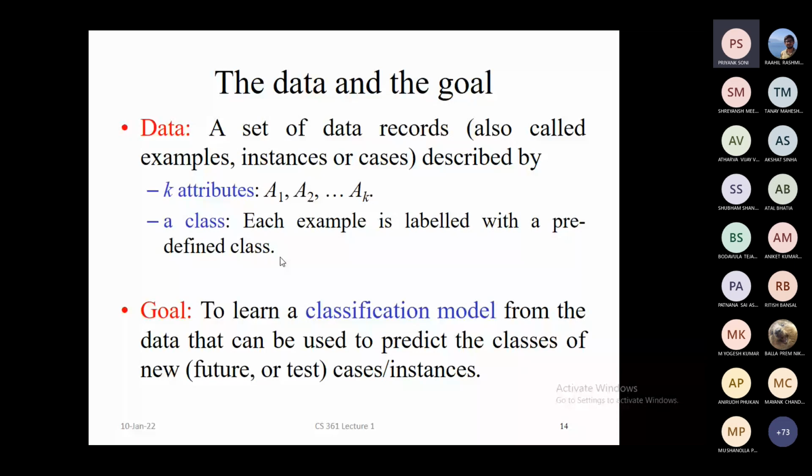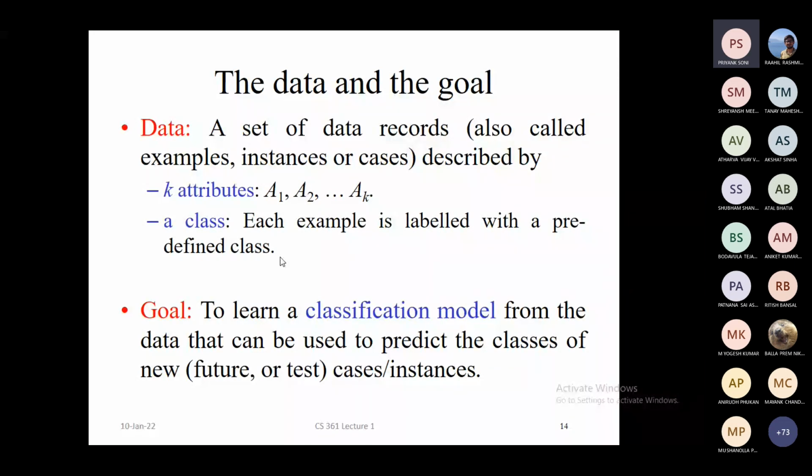The data is a set of records, also called instances or cases, described by some attributes. Attributes are the characteristics of a particular class.